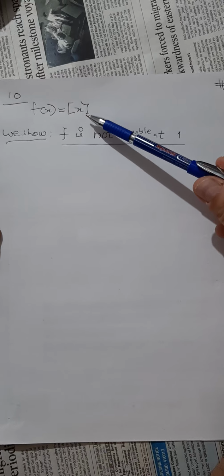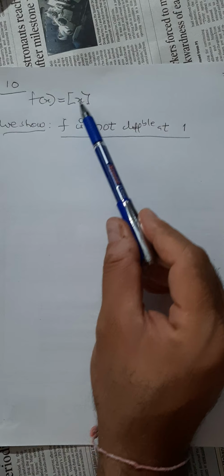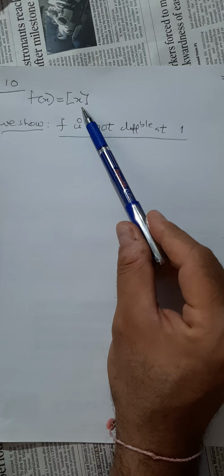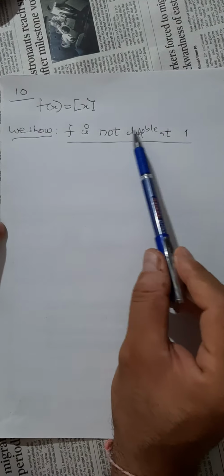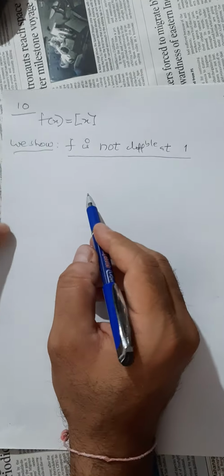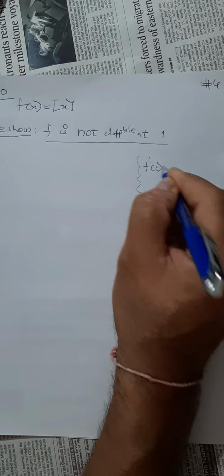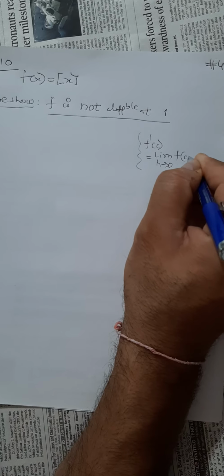Now this is also a very important function, the greatest integer function, the box function. We already showed this, and it was a very important example. This was discontinuous at every integer. Now we'll show that it is not even differentiable at 1. So let's come back to the definition. Again, recall f dash c is limit h tends to 0, f of c plus h minus f of c upon h.